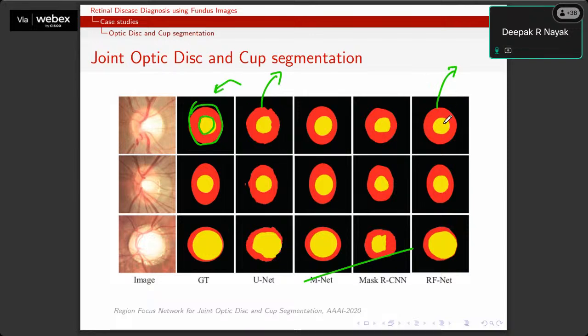The architecture proposed in AAAI 2020, the region focus network, is really giving better performance compared to UNet and other standard architectures like Mask R-CNN. This is another problem statement. People have done a lot of work on optic cup and disc segmentation. You can go through the literature if you are interested, and identify the research gap in this particular field.